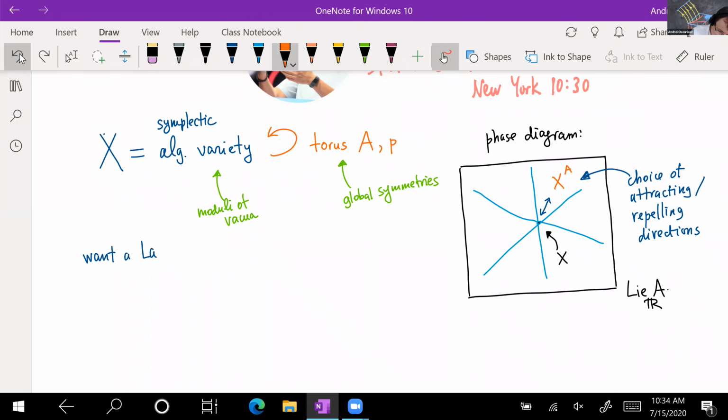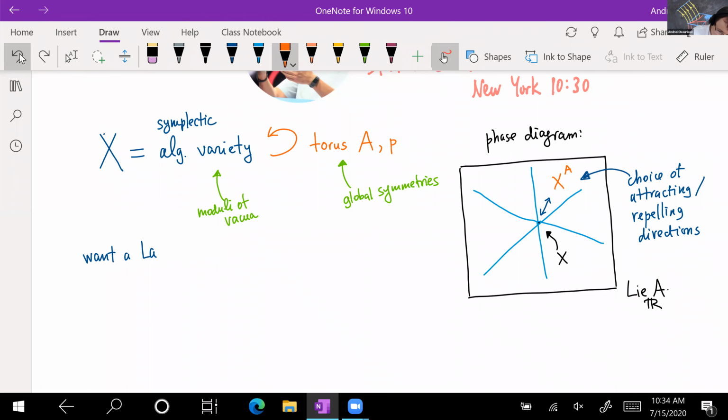So we want a Lagrangian inside X cross, some interface that connects them.